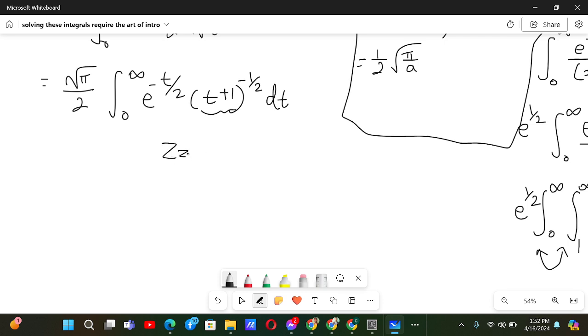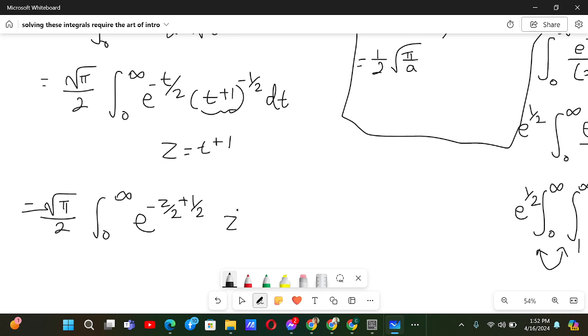Let g equal t plus 1. That leaves us with root pi by 2 integral from 0 to infinity e to the power minus g by 2 plus 1 by 2, because t is g minus 1, and then g to the power minus 1 by 2 dg.